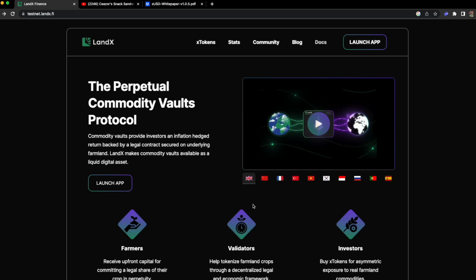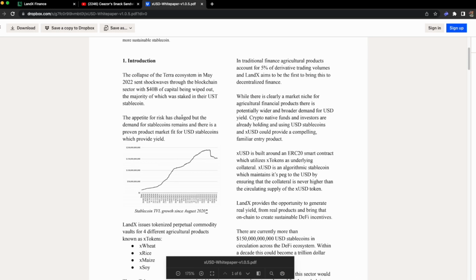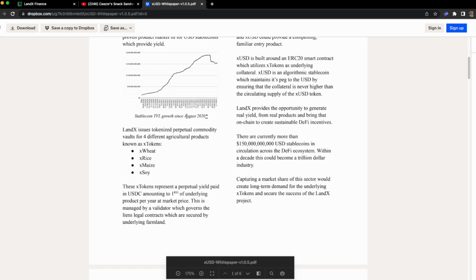This might not be the protocol that makes the big difference, but this idea, in my opinion, of connecting real-world things to the blockchain technology is a powerful concept. So I have a flowchart for you that's going to explain how this stablecoin works. So let's go over there and check it out.